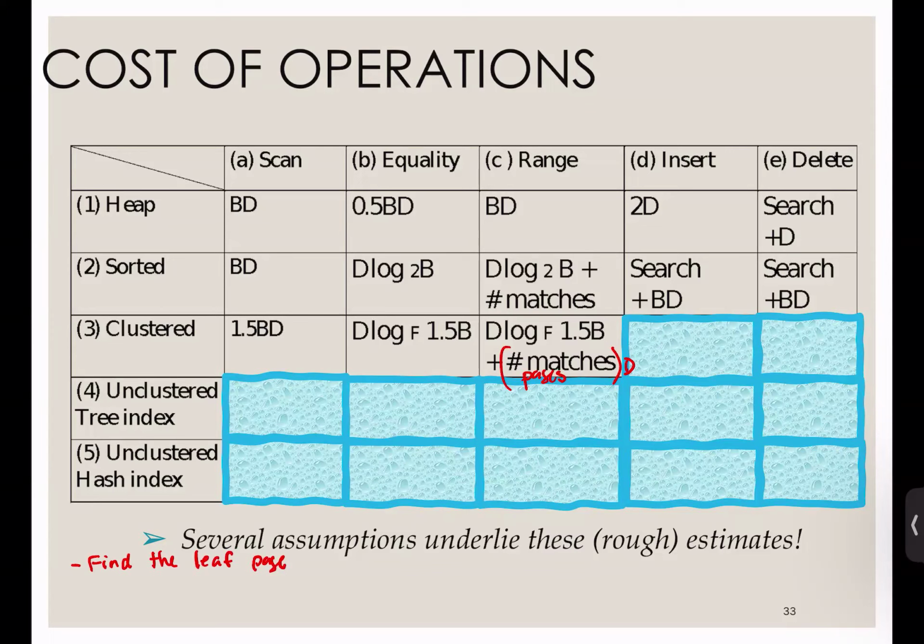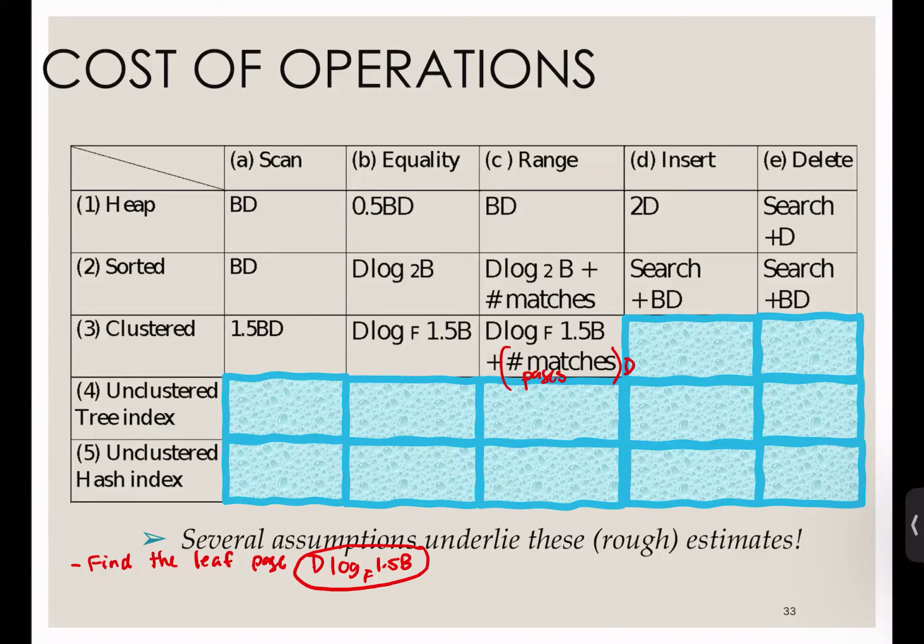And that could take you the equality search time. That's D times log of 1.5B base F. This would bring up the leaf page that you're supposed to insert the value into.